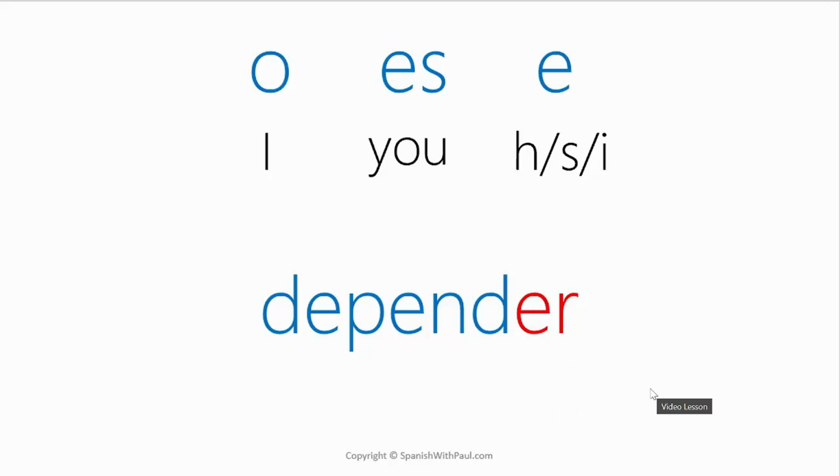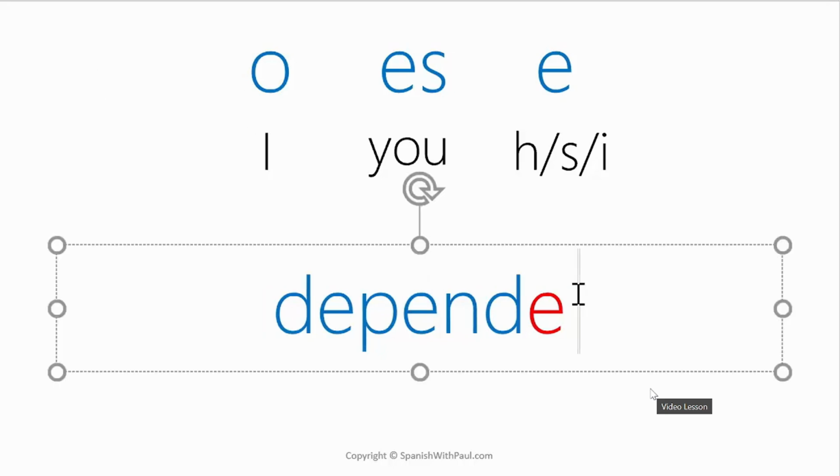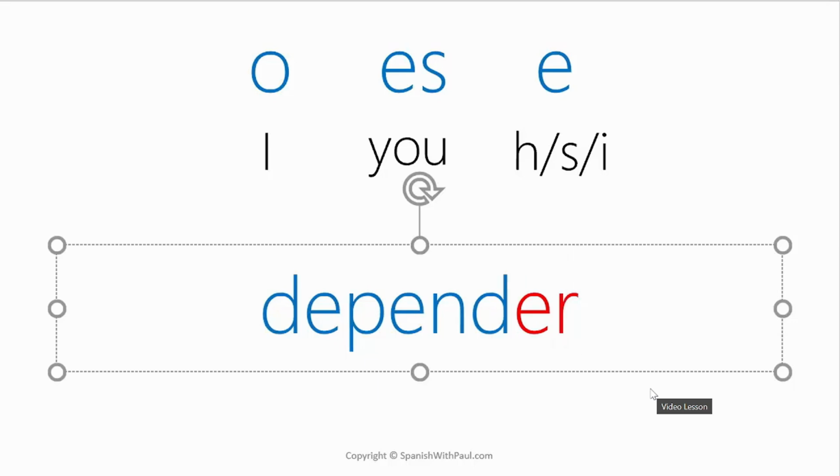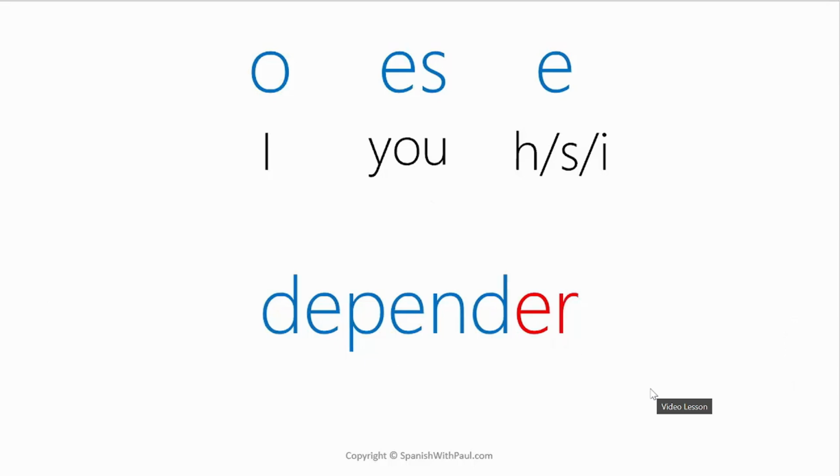So these are our endings for I, you, he, she, and it. How would you say it depends? It's going to be depende. Simply take this ending here, depende, it depends. What about I depend? This one would take this ending here.